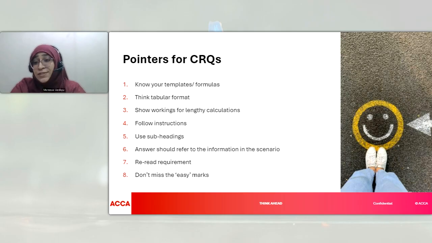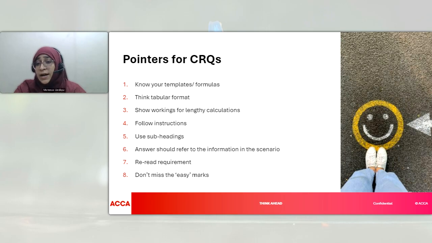Follow instructions, already highlighted that. Use subheadings, as I said, that will align your answer. So make sure that you get your subheadings down and then you flesh it out. The answer should make reference to the information in the scenario. So don't be generic when you've got information available in the scenario. Pick up the information from there and customize your answer. That is an effective answer. Reread the requirement.